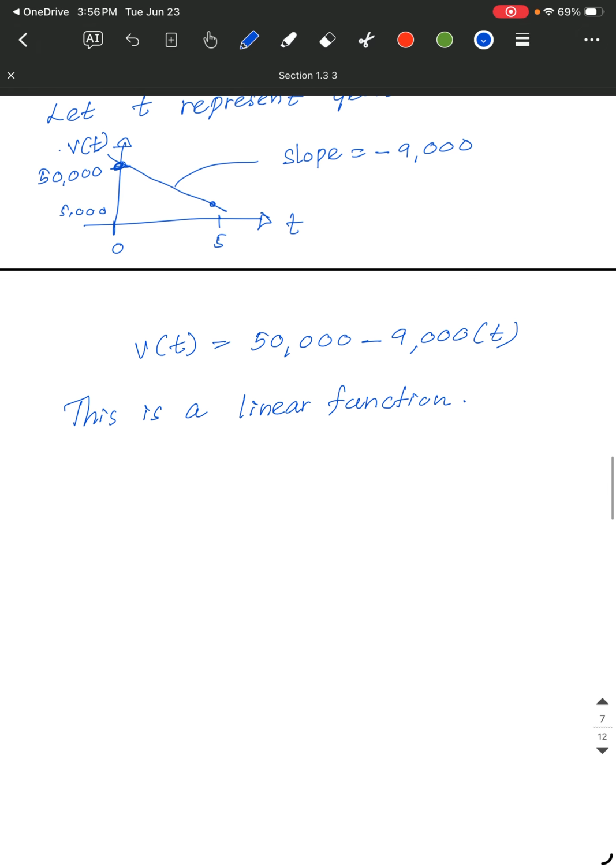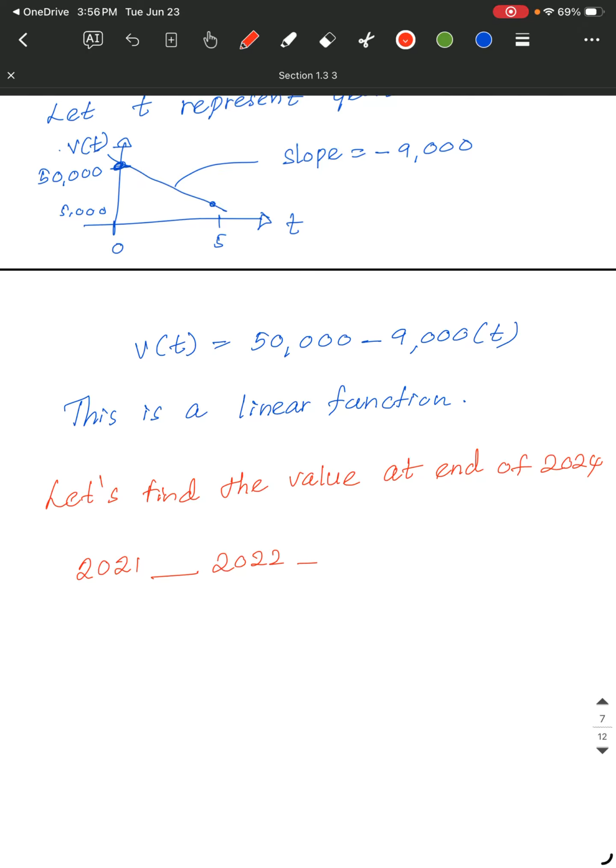Then let's find the value at the end of year 2024. So 2021, 2022, 2023, 2024.